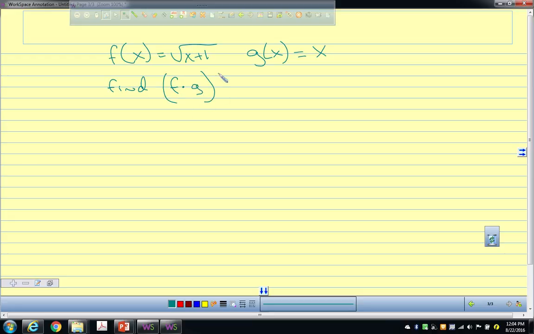This is not dot, this is times. Okay? So domain is x values. You guys remember that? Okay? And so f times g of x is just going to look like this times this, right? X times the square root of x plus 1. Okay? That's f times g of x, which could also be written as f of x times g of x.